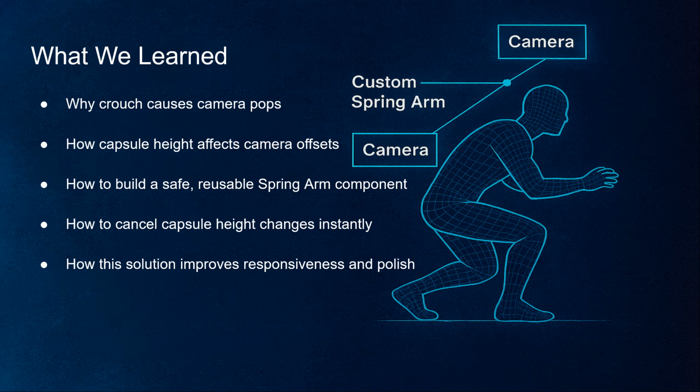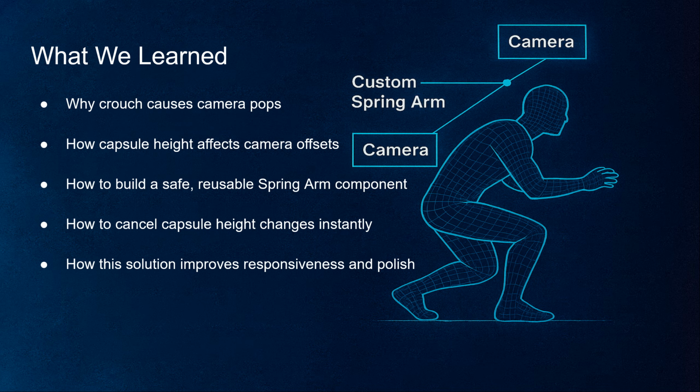To wrap up, we learned why the crouch camera pop occurs in the Unreal Engine 5 third person character. We learned how capsule height changes impact the camera and how a custom spring arm lets us cancel those changes instantly.